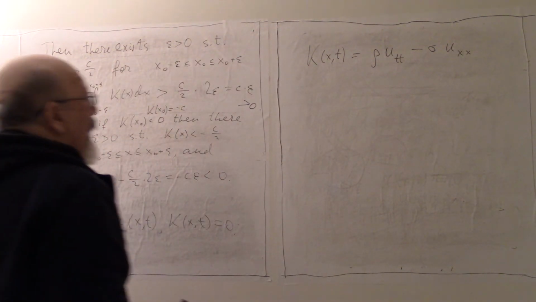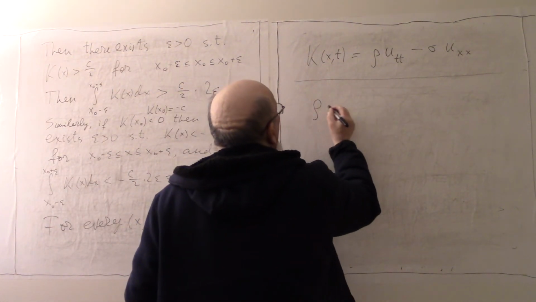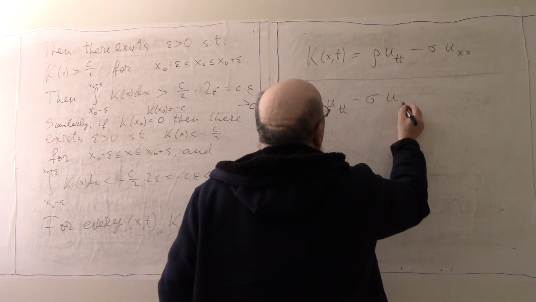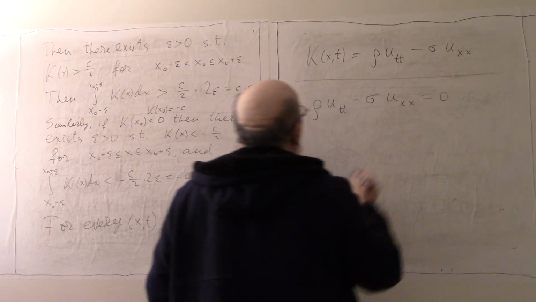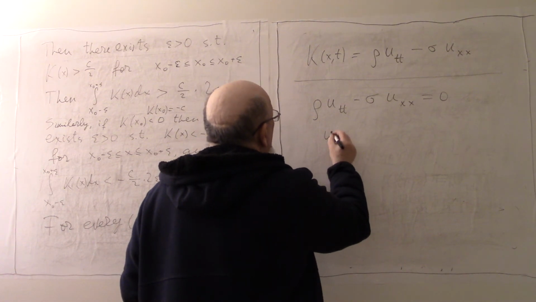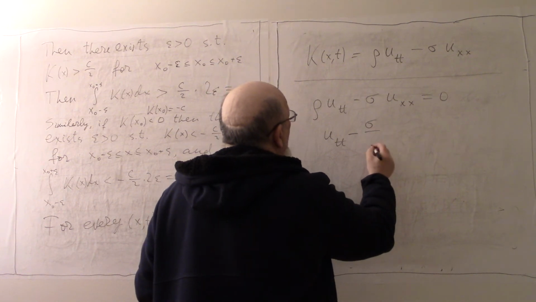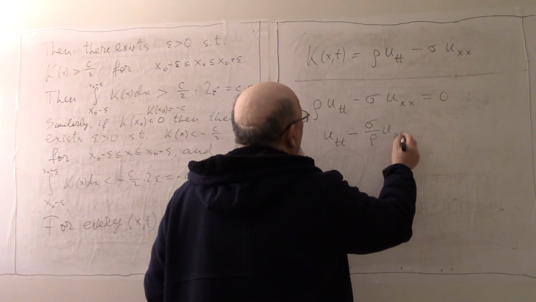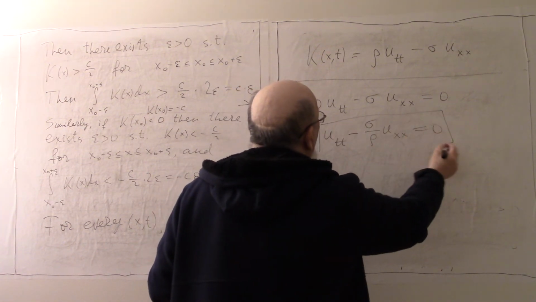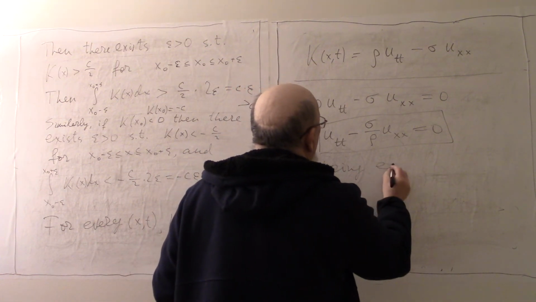So this is the function, and so we have the following equation: rho u_tt minus sigma u_xx equals 0. Now we can divide by rho and have u_tt minus sigma over rho u_xx equals 0. This equation is called the string equation.